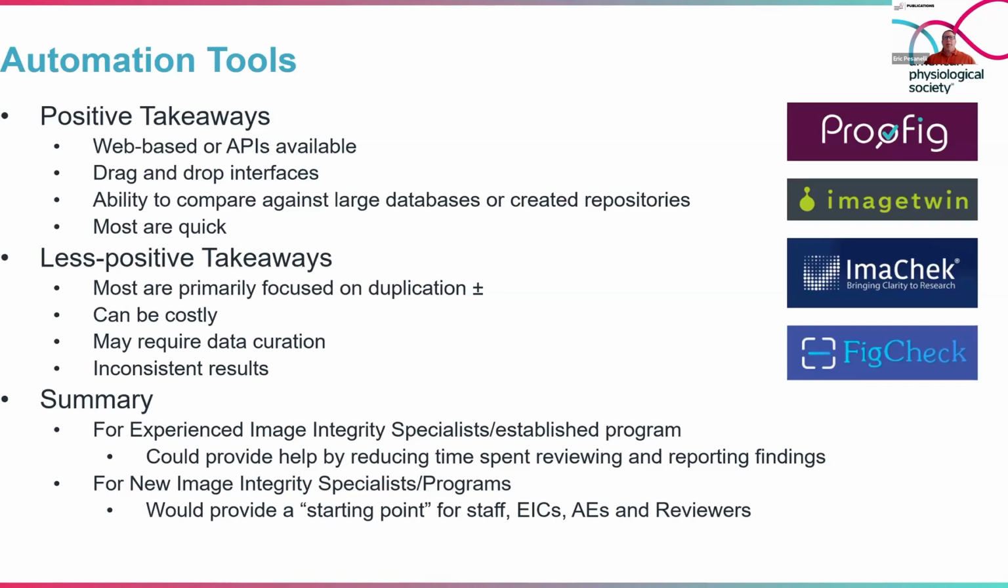But one of the hardest things for someone looking at images is looking for duplication when you've got 8 figures in a single paper with 20 Western blots, each one with 3 lanes, so they almost look identical at first glance anyway, and then you have to look at all of those pages against each other. So there may be a concentration on duplication, but that's something that's pretty big to take off your plate.